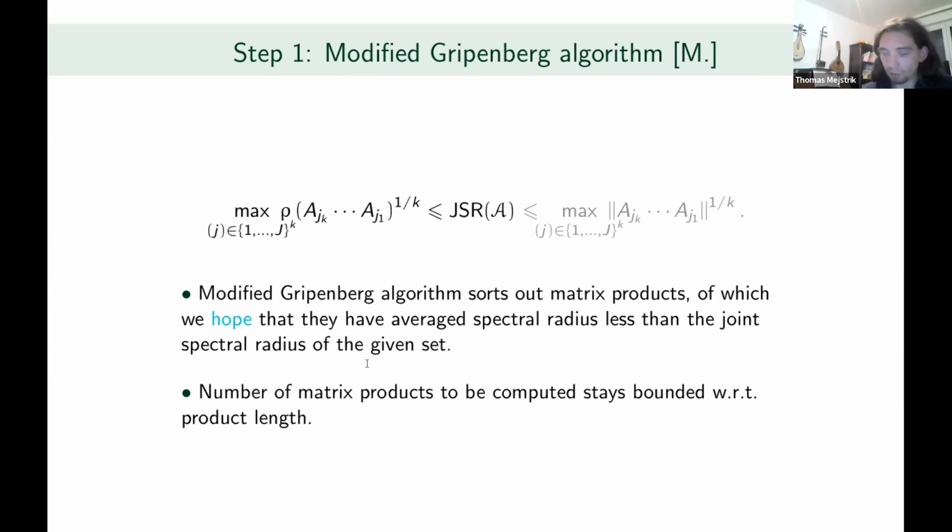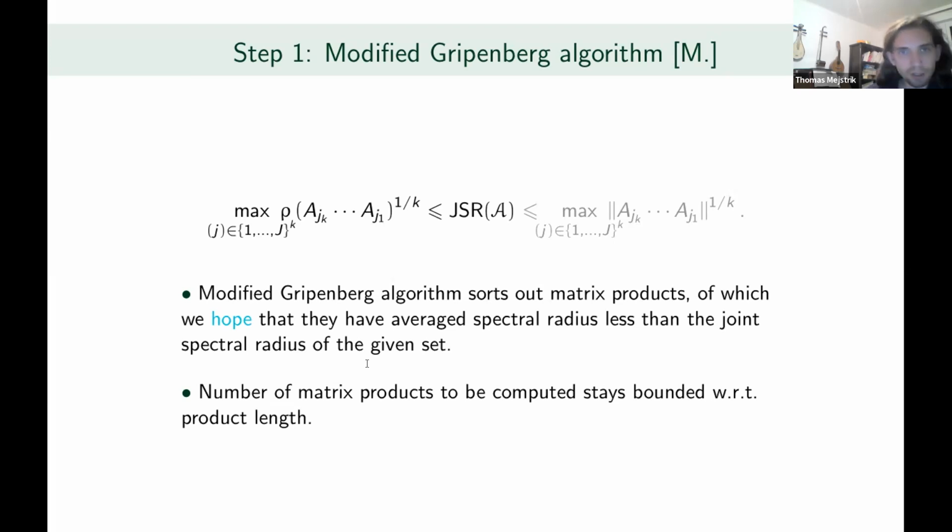One problem about the spectral maximizing product, which we need to guess, is that if we guess it wrong, then we have a bad lower bound, but also the construction of this polytope cannot terminate. So it's quite important to make a quite good guess.